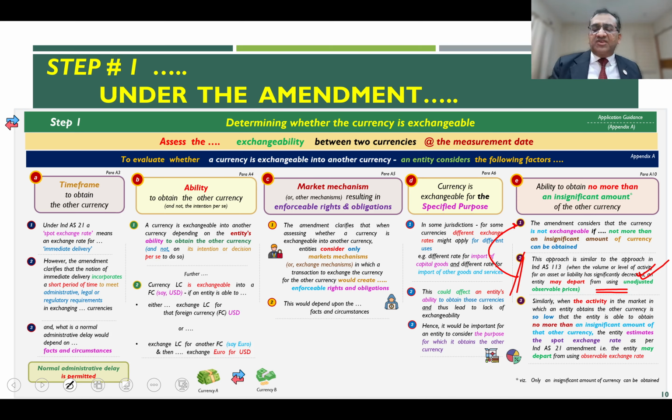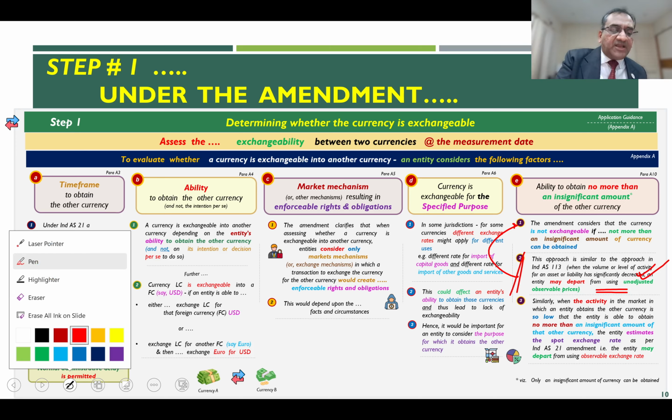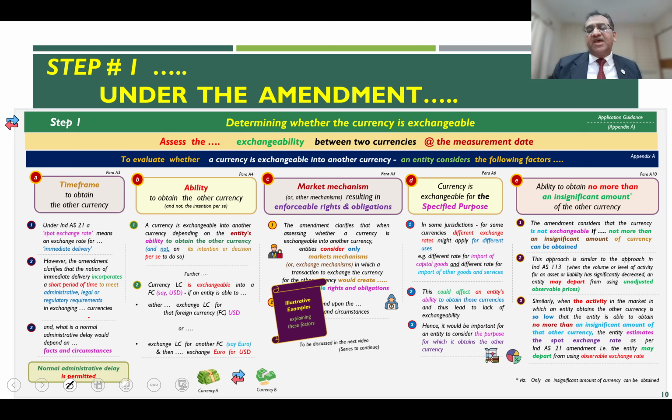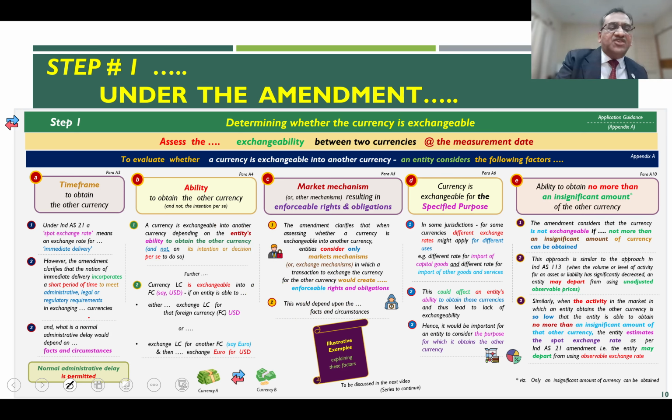Okay, so this is what I wanted to cover for this particular video. Now, of course, for each of these factors which we have on the slide, or almost all of them, we will have illustrative examples explaining each one of them in next week's video.